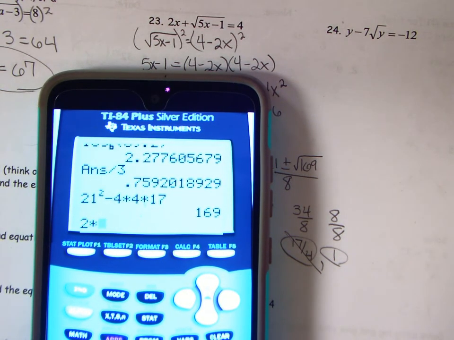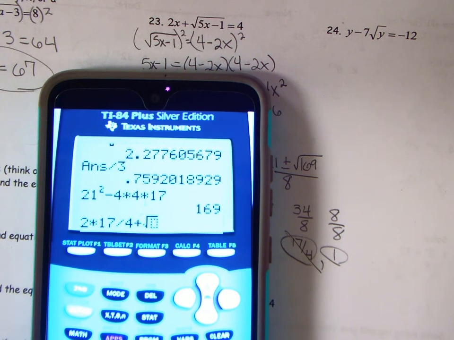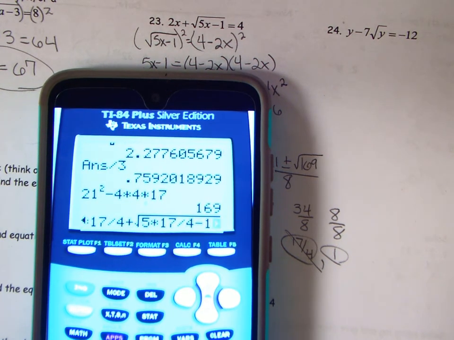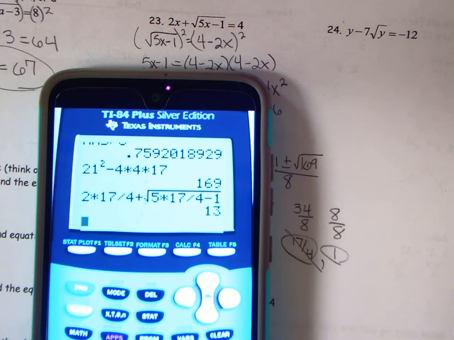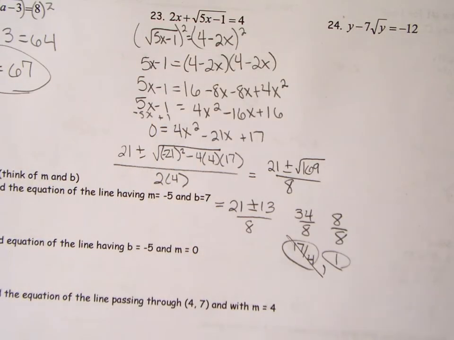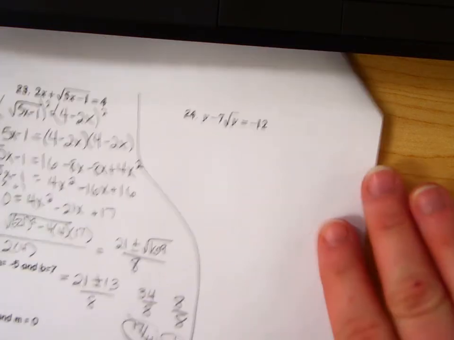So 2 times 17 over 4 plus the square root of 5 times 17 over 4 minus 1. If it plugs back in, I'll get an answer of 4, which I do not. If you plugged in 1, you will get a true answer. Number 24 is the exact same as 23.